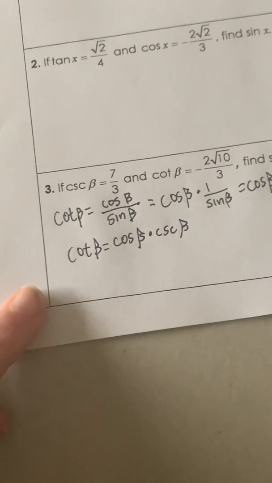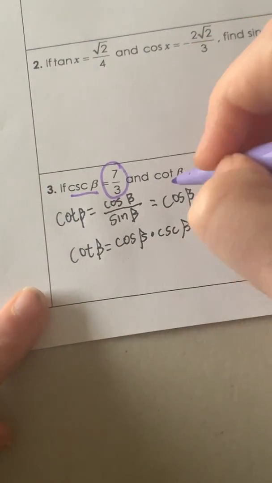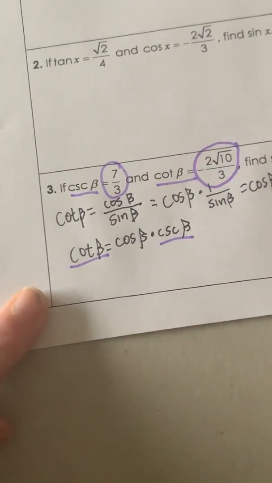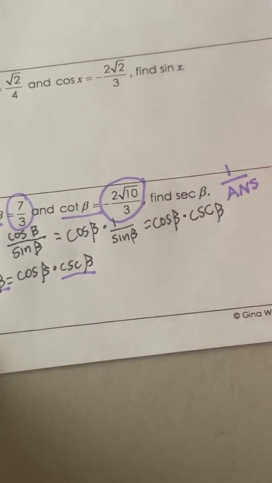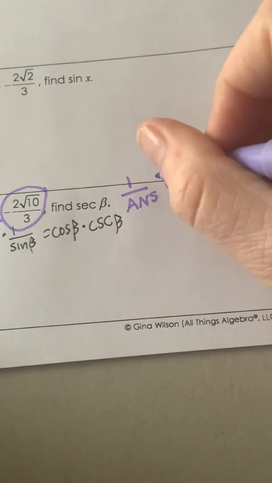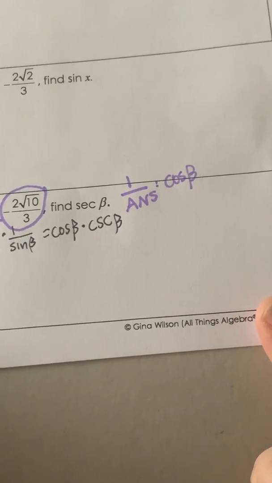And that's helpful because we're given cosecant beta, so we can plug that in. And then we're given cotangent beta. Okay, and we want secant, so we'll just do 1 over the answer we get for cosine beta. So we'll solve for cosine and then do 1 over the answer to get secant.